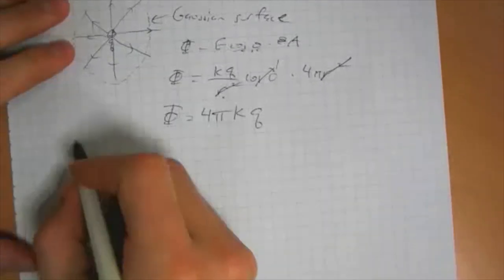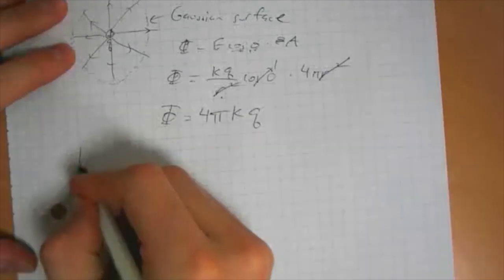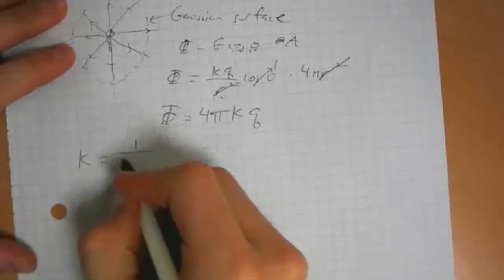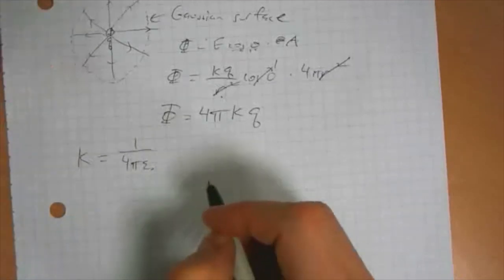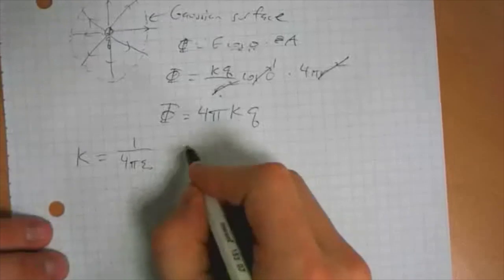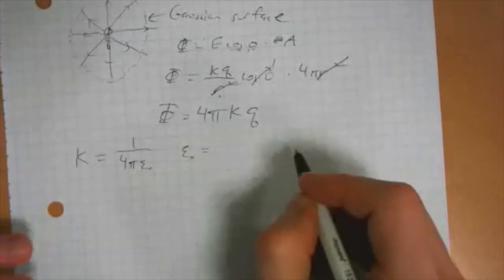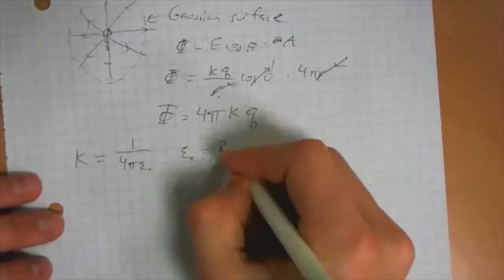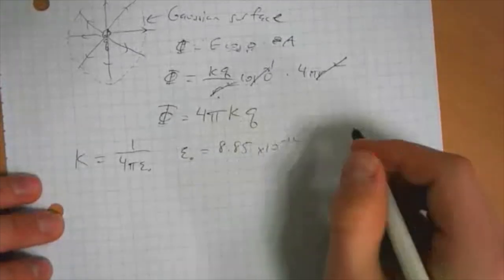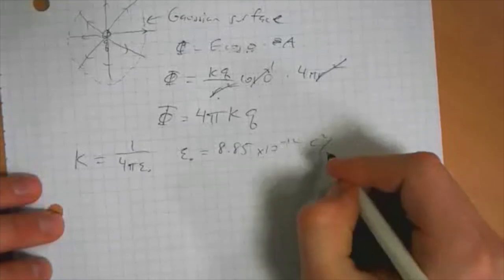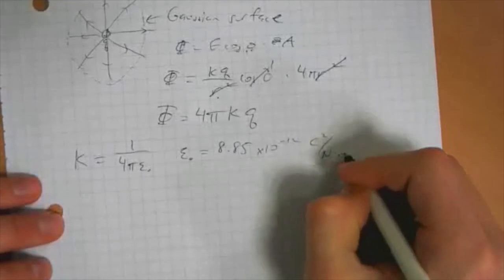It doesn't correspond to something physical. k is actually equal to 1 over 4 pi epsilon naught. And epsilon naught is actually a physical constant. It is 8.85 times 10 to the minus 12th, and that is coulombs squared per newton meters squared.